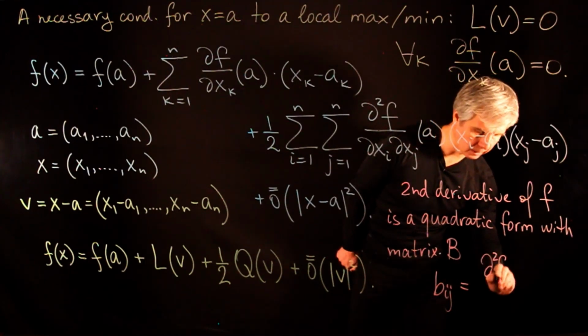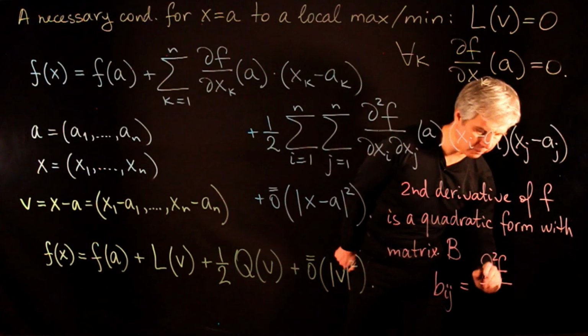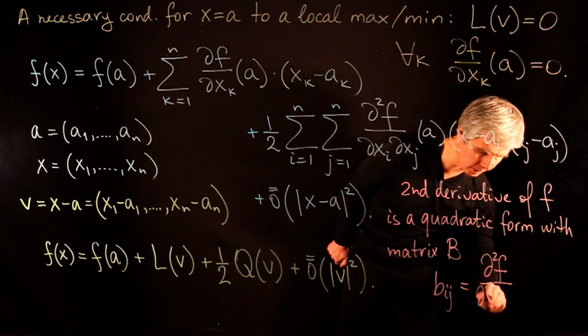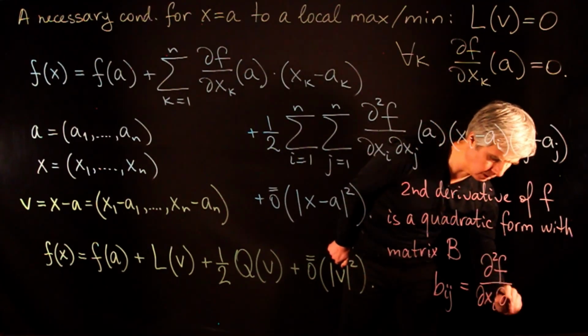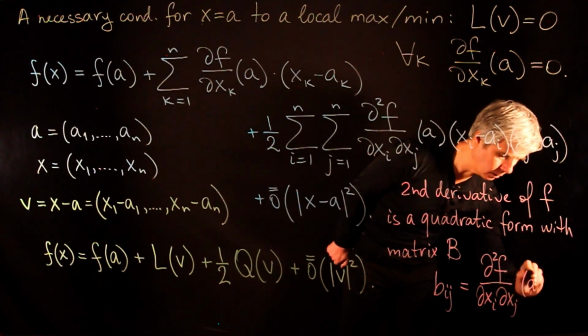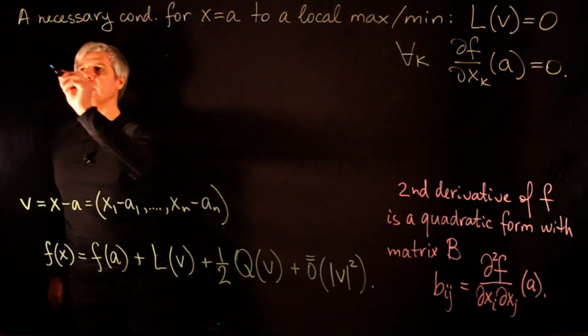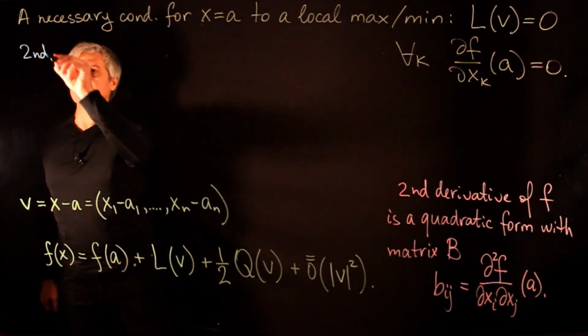So we take the second order partial derivative of f with respect to xi and xj evaluated at point a. And now we can state the second derivative test.